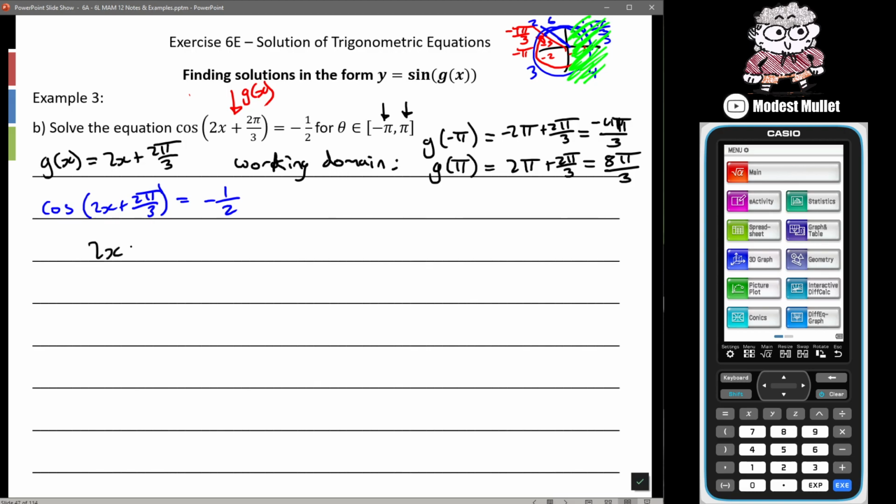Right, so we're going to get 2x plus 2 pi on 3 is equal to, what's our first one that works? Is over in the second quadrant. Well, if we thought of the first quadrant, let's write that because that's sort of our reference one, and that's going to help us find the other one. So if we ignored the negative for now, what gives us half for cos, that's the smallest, that will be pi on 3.